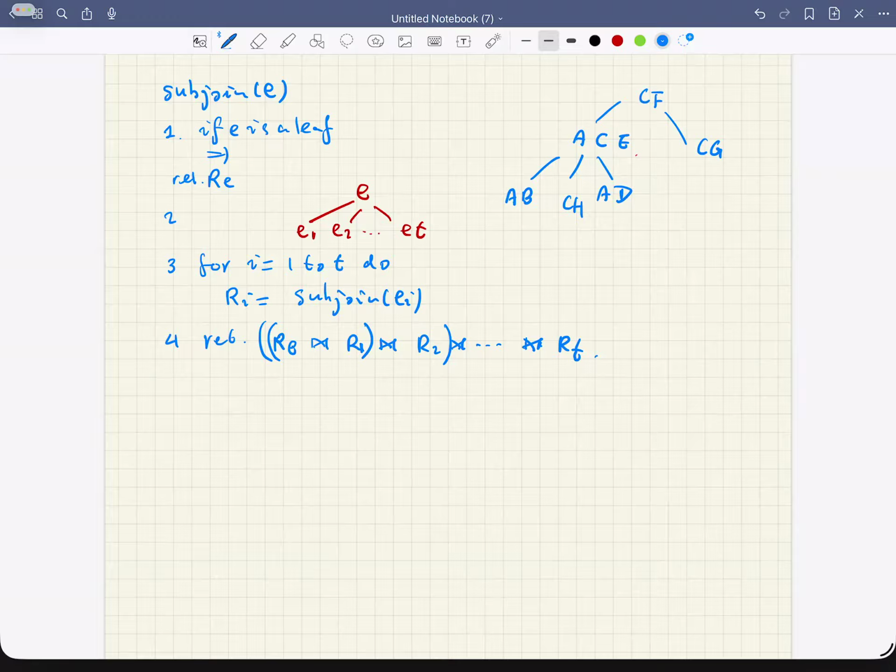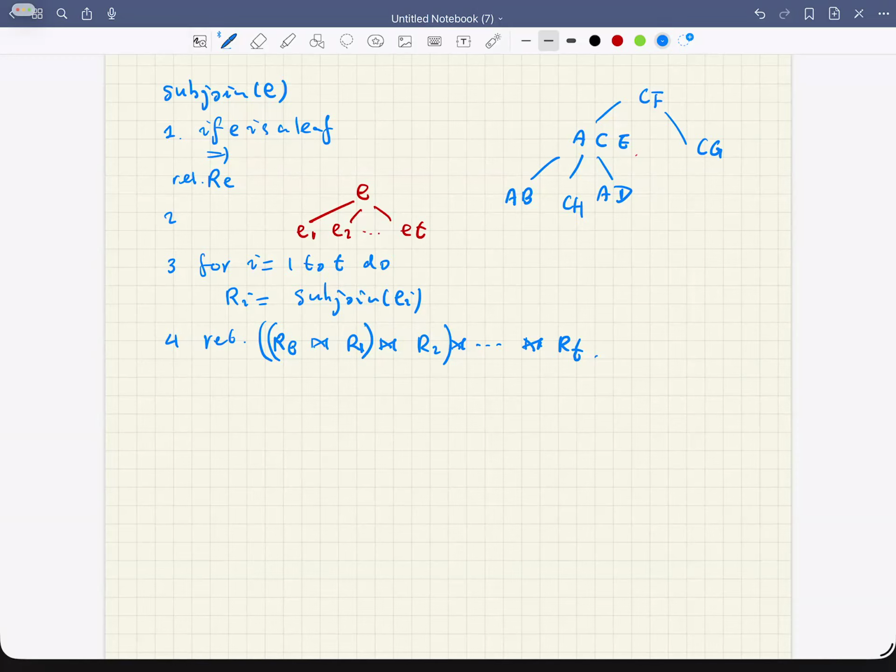Again, you get another intermediate relation. Use that relation to join with AD. All right, good. Now you are done with the subjoin of ACE, by the way. So you have a relation which could be quite big. Use that relation to join with CF, and then finally that relation with CG. So that's the algorithm. This is Yannakakis's algorithm.